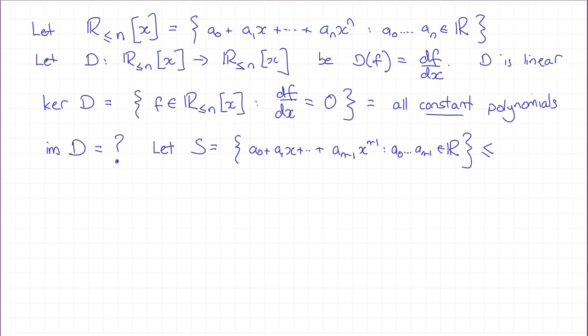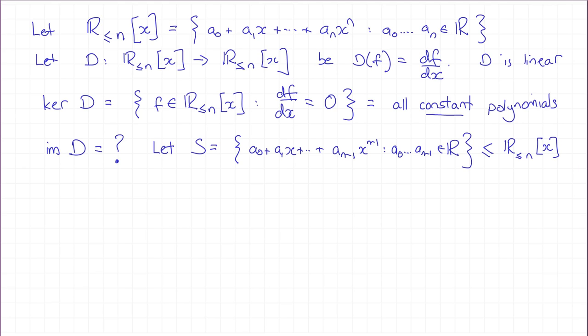You can check that this really is a subspace of the domain and codomain of our linear map D. That's easy to see because if you multiply a polynomial of degree n minus 1 or less by a scalar, you don't change its degree.